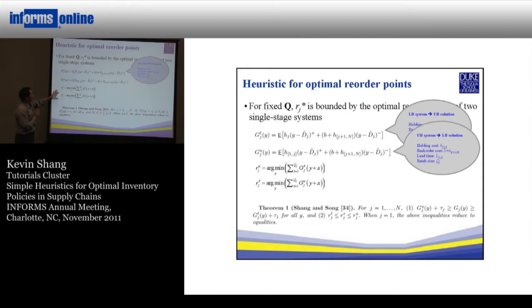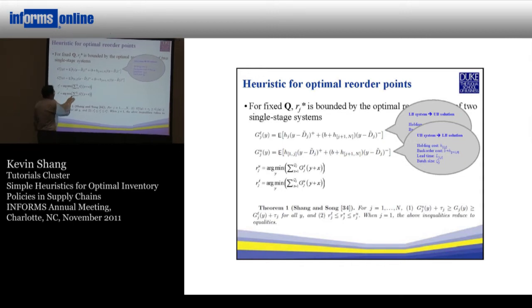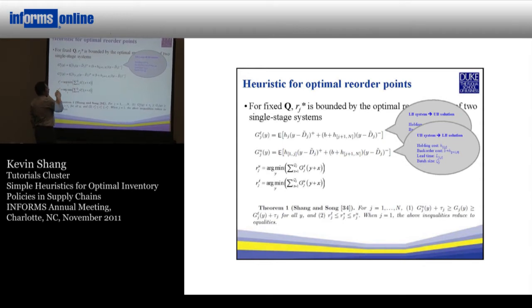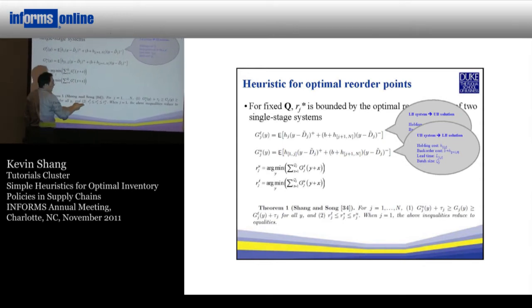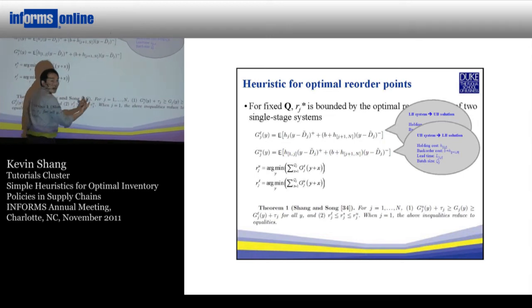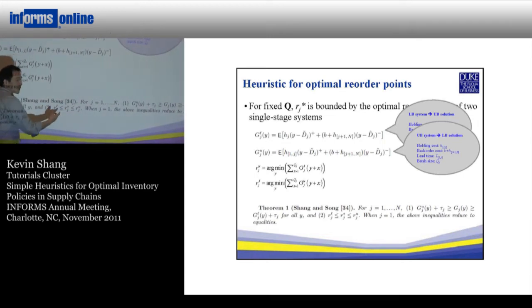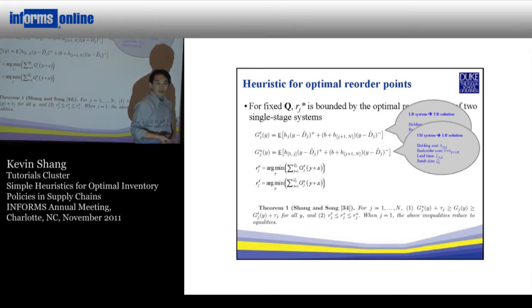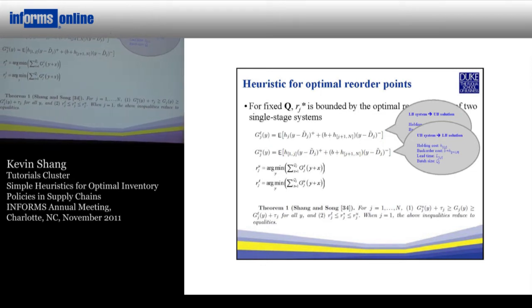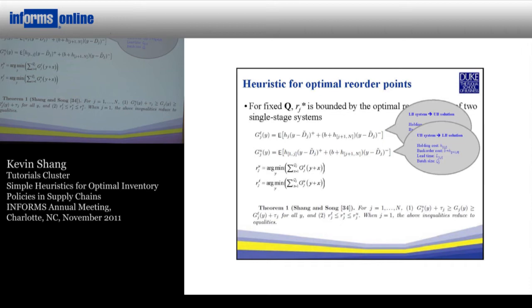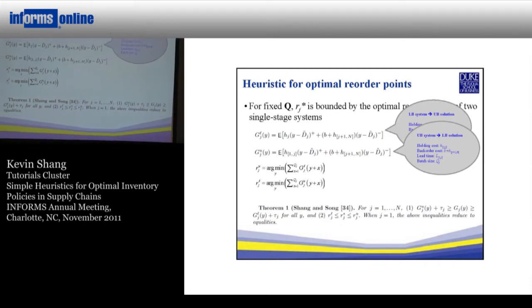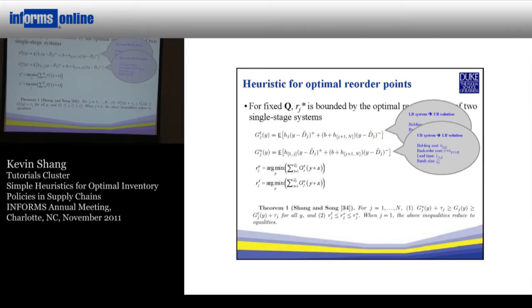Okay, so here is the theorem. The optimal reorder point Rj star is bounded by two RQ problems, single-stage RQ problems. Based on that, we can generate some approximations to Rj star. That's when Q is fixed; this is how we generate the approximation for R. Now the next question is, oh sorry, there is one more.